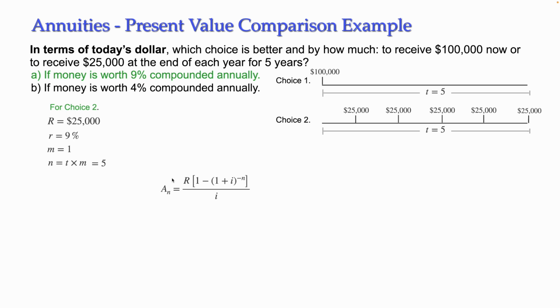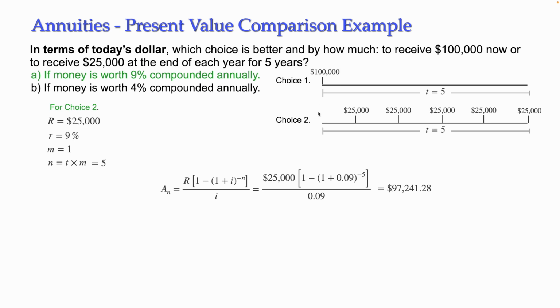So make a substitution of all the values, and we are going to have this. And then use your calculator for doing that. 25,000, open bracket, 1 minus, open bracket, 1 plus 0.09, close the bracket of your calculator, raise this to the power negative 5, close another bracket, and divide it by 0.09. So the answer is 97,241.28.